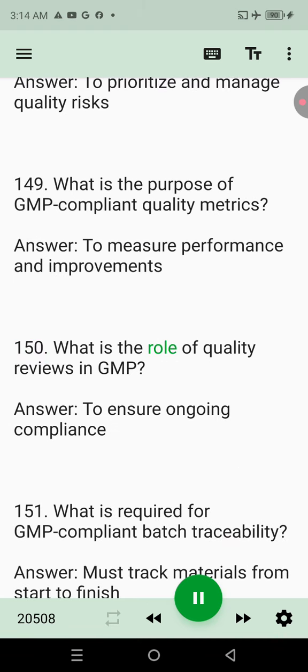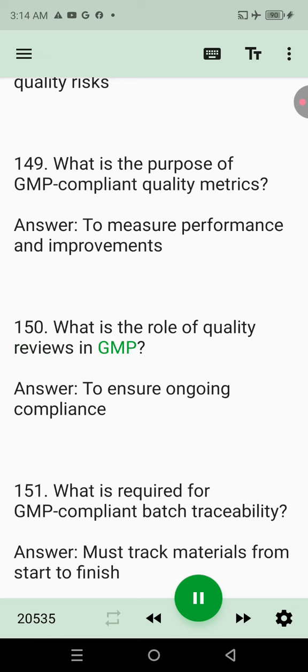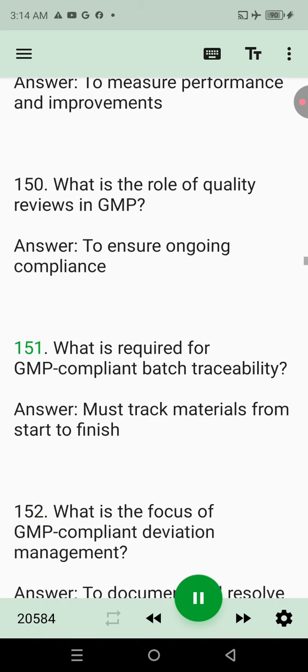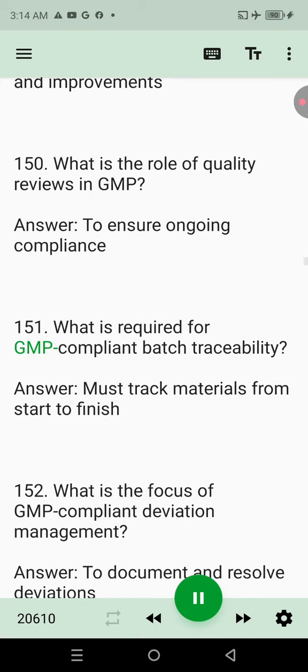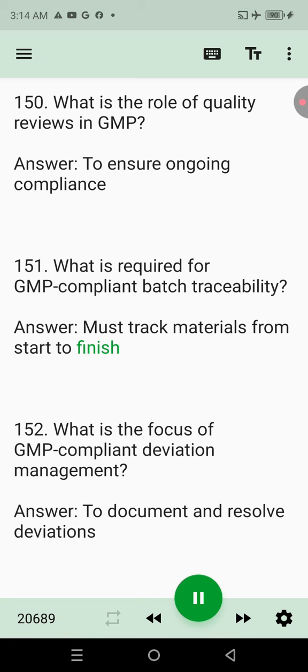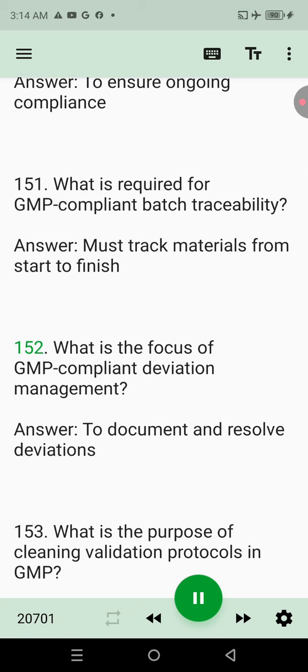150. What is the role of quality reviews in GMP? Answer: to ensure ongoing compliance. 151. What is required for GMP compliant batch traceability? Answer: must track materials from start to finish. 152.